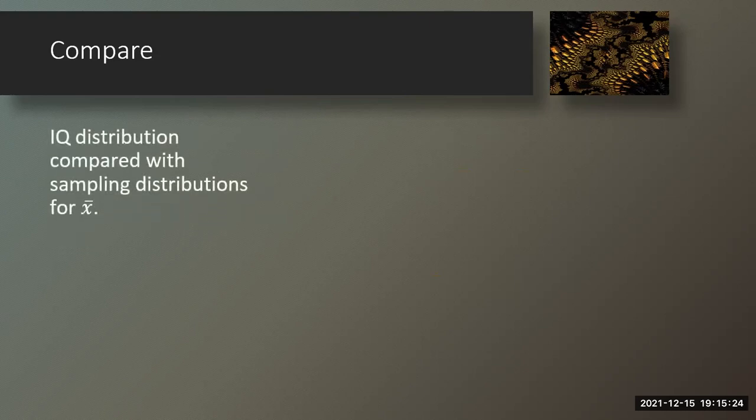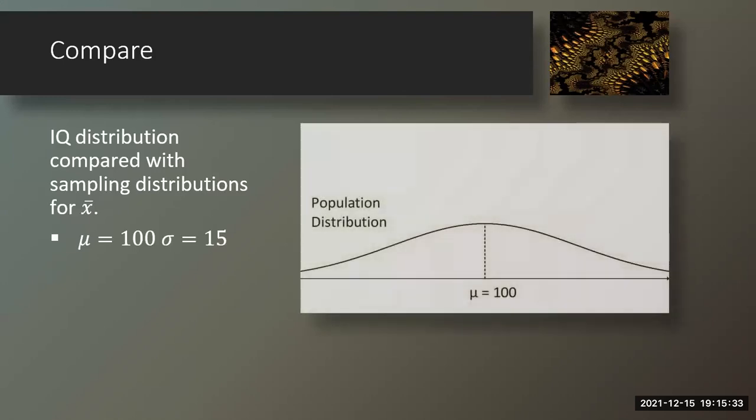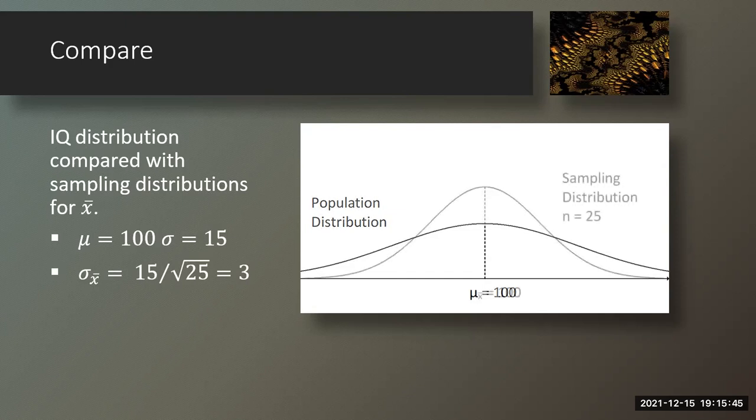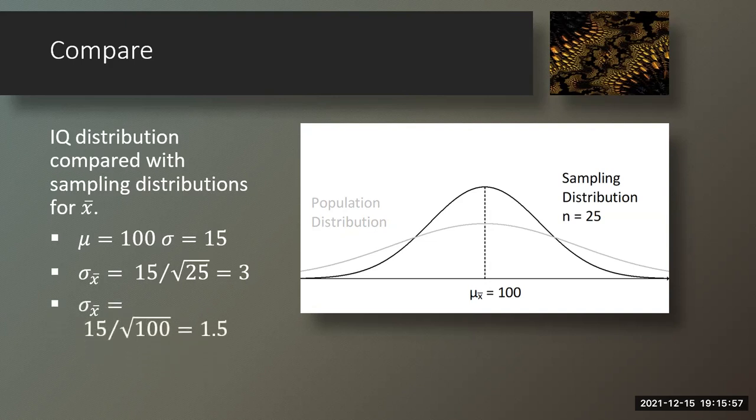And I put together a little montage of pictures here to show exactly what happens as the sample size increases. The population distribution is normal and has a mean of 100. The sampling distribution is also normal, with a mean of 100, but the standard deviation is 3. So the distribution takes on that form. You can see that it has less, quote unquote, spread than the previous example.